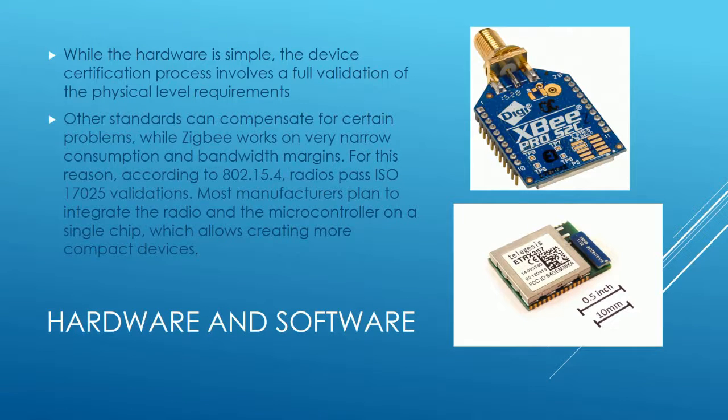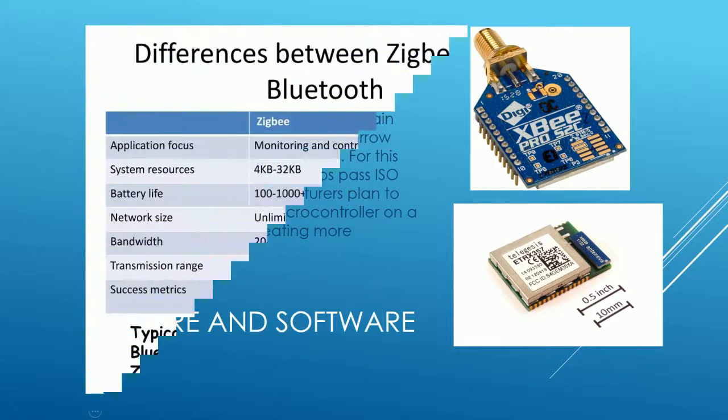Most manufacturers plan to integrate the radio and the microcontroller on a single chip, which allows creating more compact devices. The chip that we can observe in the images may cost between $5 and $8.